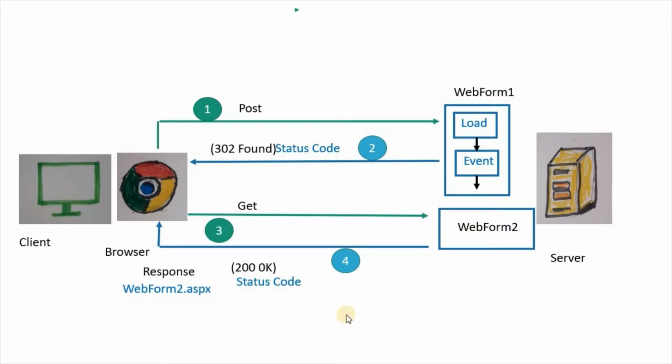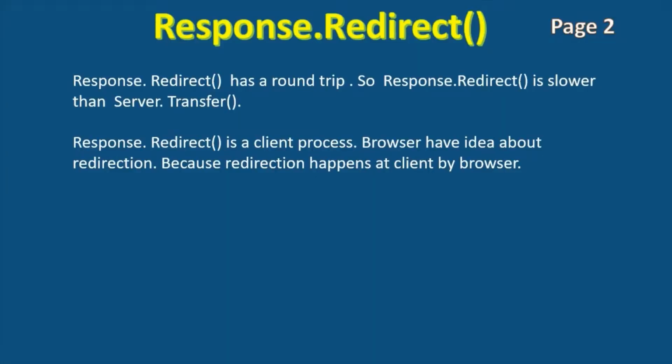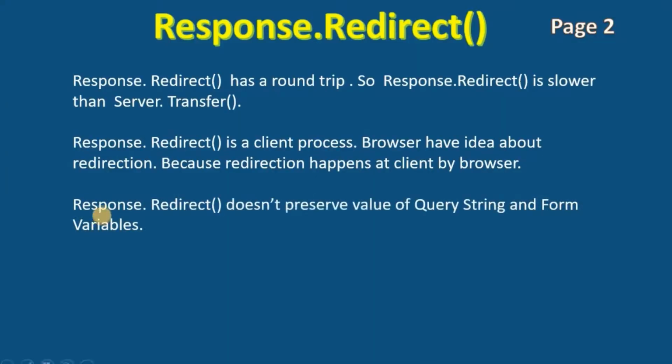Thus response.redirect happens because of the browser, so the browser has an idea about the redirection and we can see the change in URL in the browser. Response.redirect doesn't preserve the value of query string and form variables.